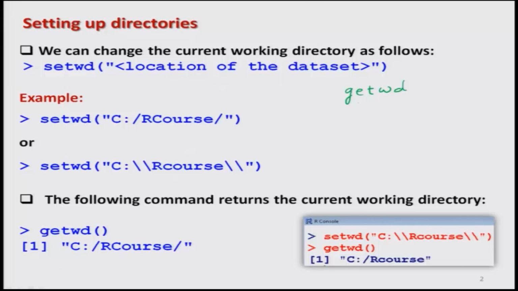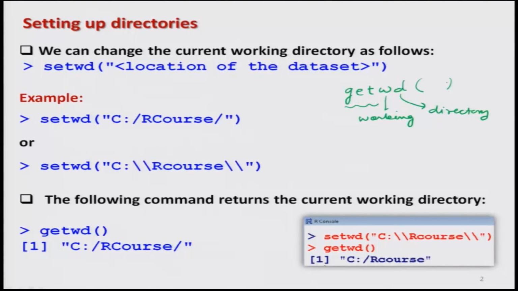This means get working directory. And then we put an argument. By this command you can get the working directory in which R is presently working.